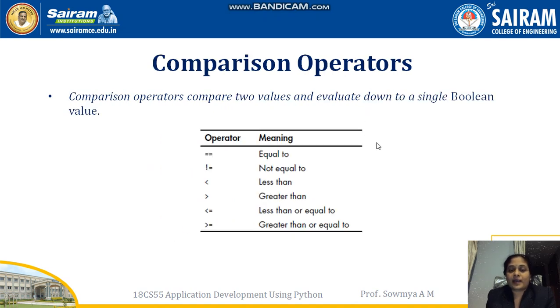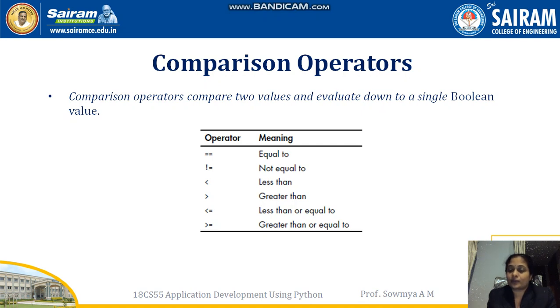Next one is comparison operator. In comparison operators we have operators like equals to. If you use double equals, or two times the equal symbol, it is referred to as a comparison operator. It is like 2 equal to 3, is it correct or not? It gives back a True or False answer. If 2 equal to 2, it's True.